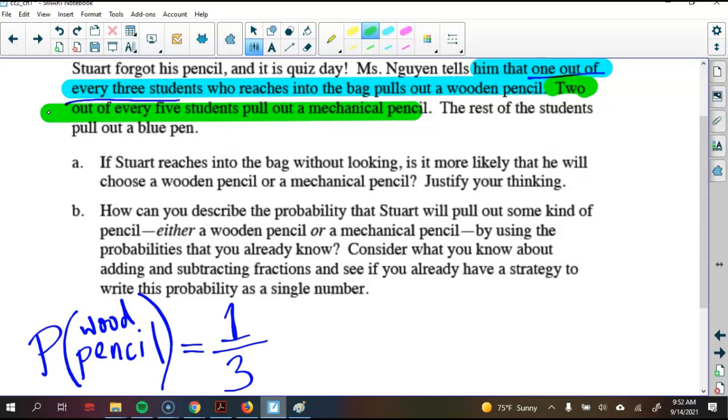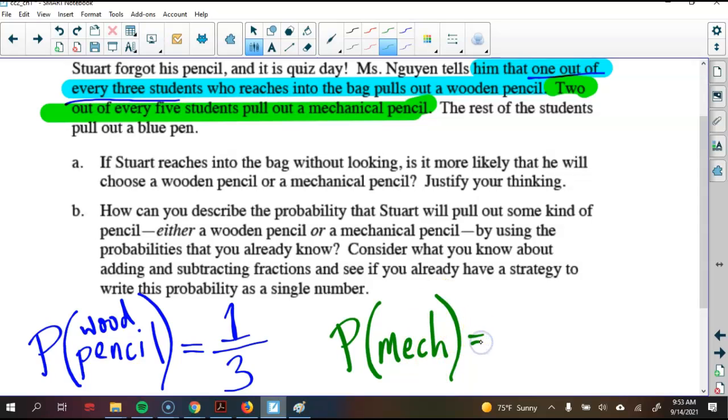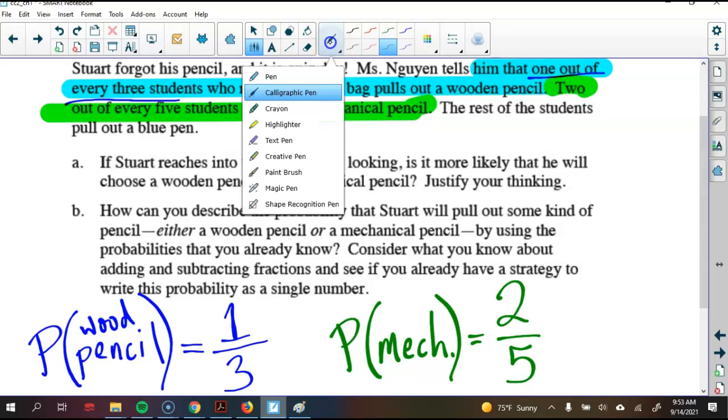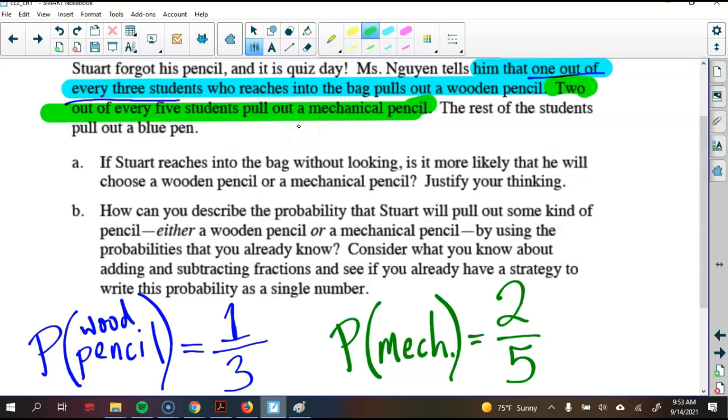Two out of every 5 students pull out a mechanical pencil. So probability of a mech. We're all out here building robots. No, the probability of a mechanical pencil, 2 out of 5. The rest are blue pens.